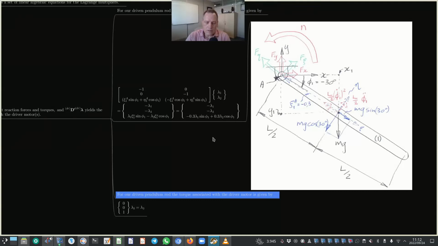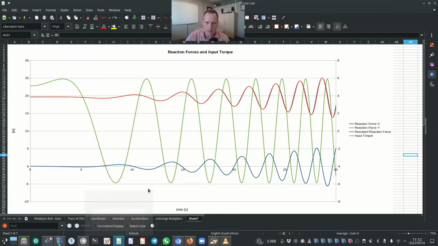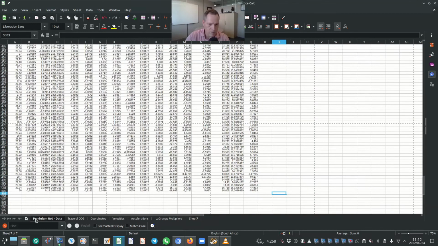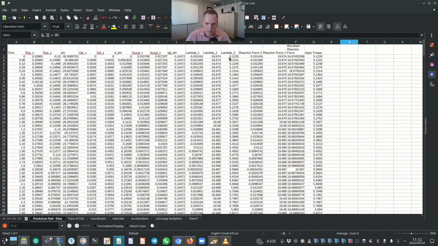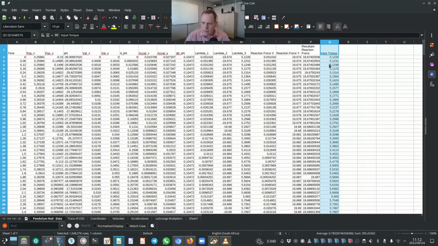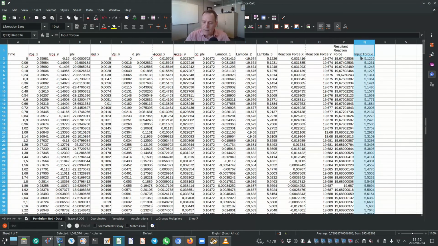Let's first finish talking about this quickly. If I can go back to the simulation that we ran, let's first consider the input torque. The input torque required to result in the prescribed motion for this pendulum rod is exactly equal to lambda 3.